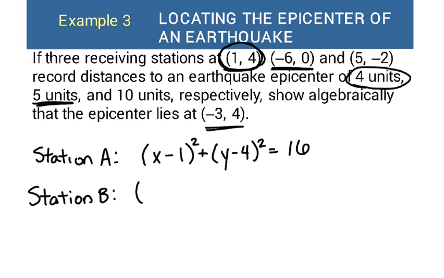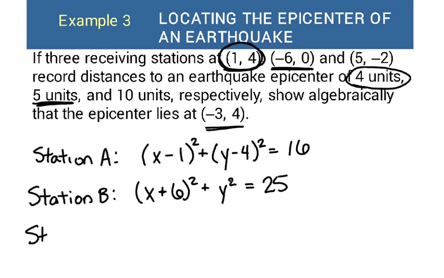So (x + 6) squared, and then 0 for our k, so that just becomes y squared equals 5 squared, so 25.